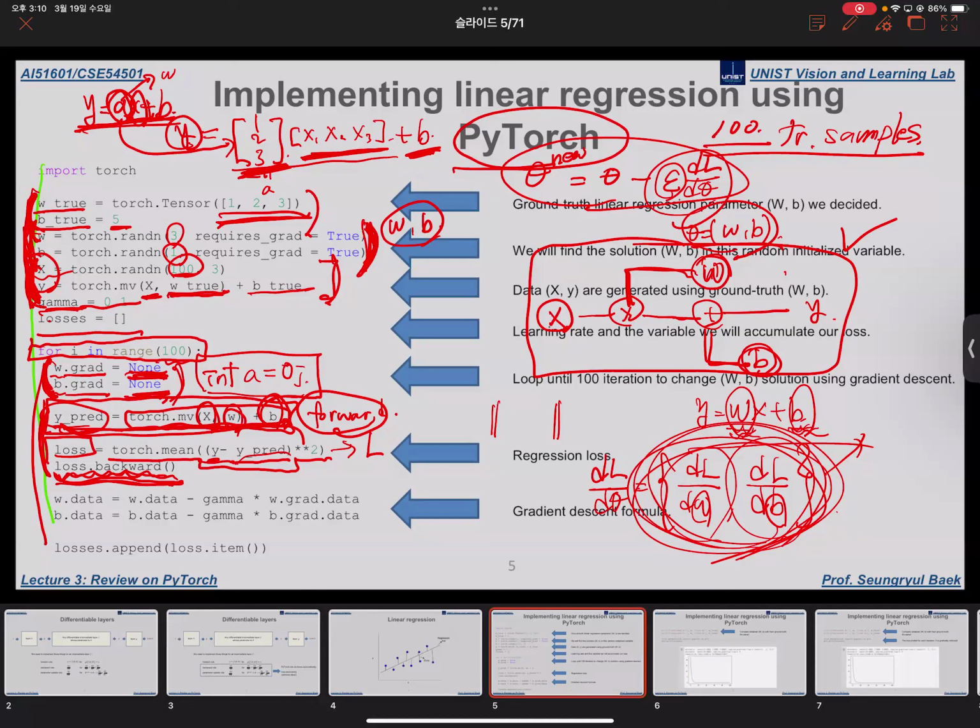And also, PyTorch already knows that this prediction is calculated with the ground truth y. We already specified that here. So inside PyTorch, by writing this kind of forward rule, this graph structure is built.